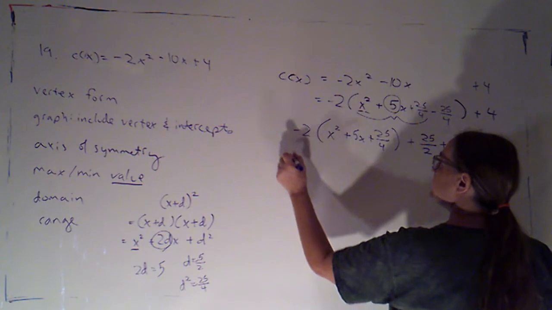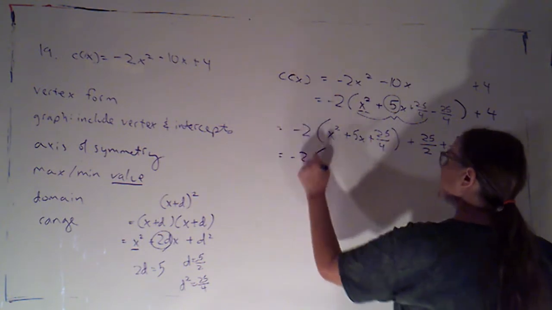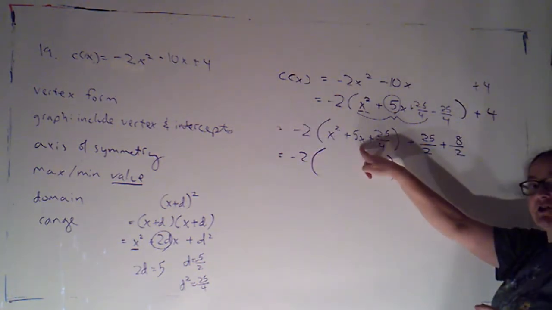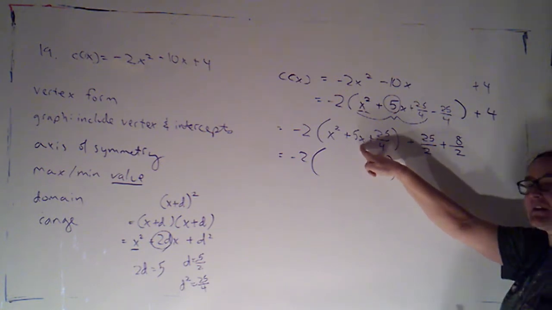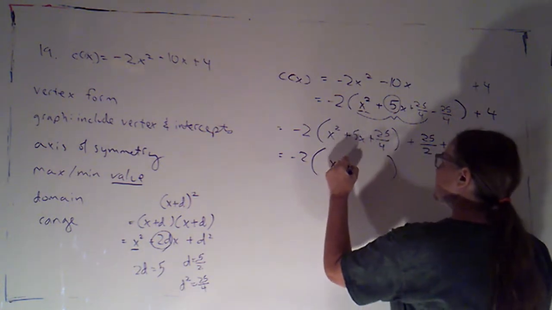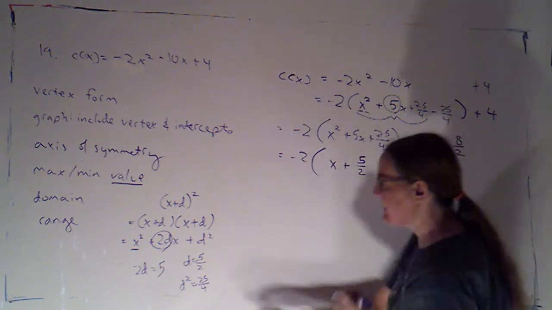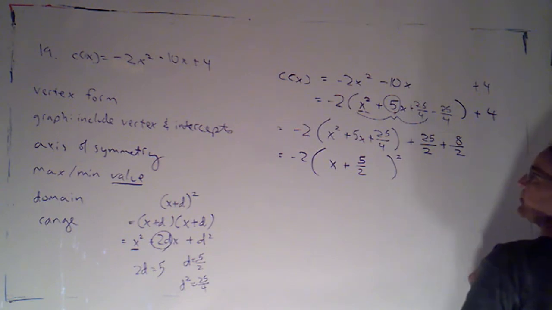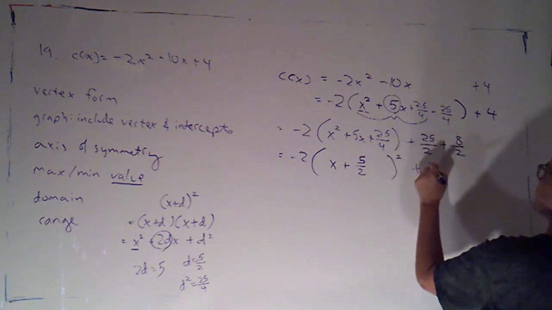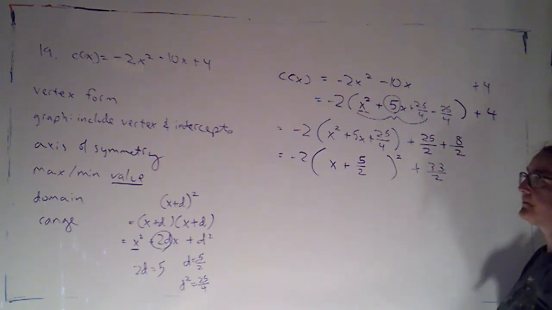And then I can say this is going to equal negative 2. Since that matches my formula for a perfect square, this factors as a perfect square. It's x plus d, where my d we had figured out had to be 5 halves. It's that quantity squared. And then this would be plus 33 halves.